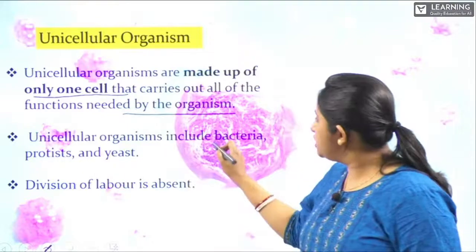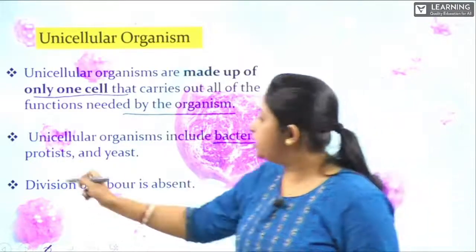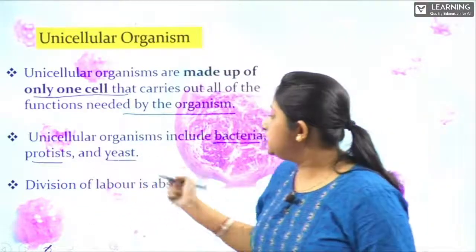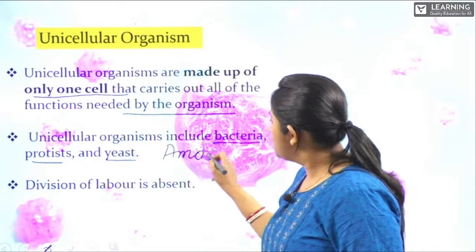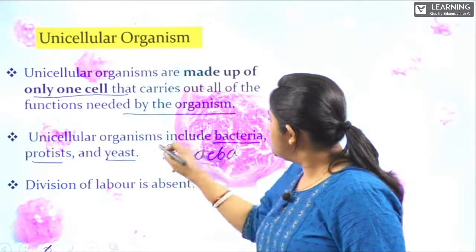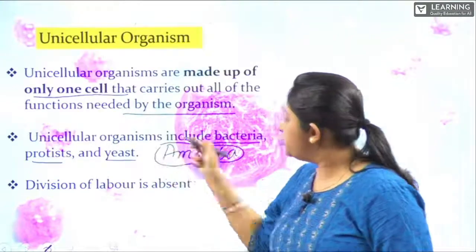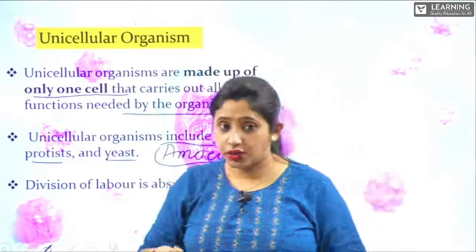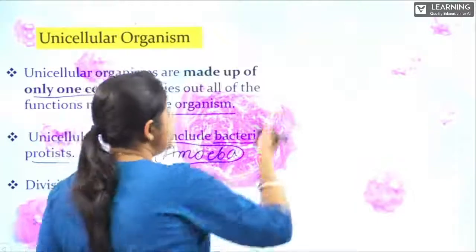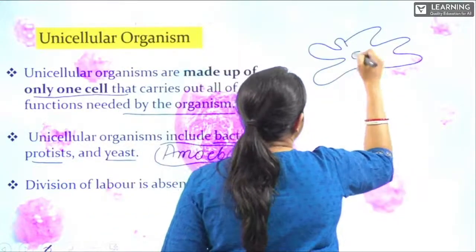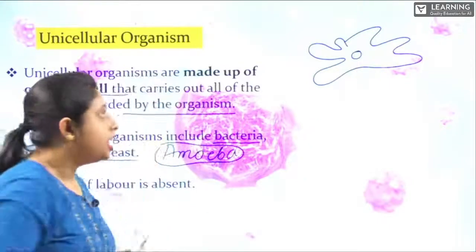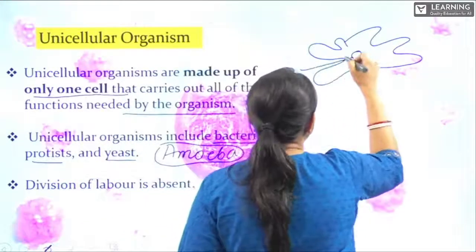Unicellular organisms include bacteria, protists and yeast, and also amoeba. You have been studying the amoeba from the lower classes, right? It looks something like this, amoeba, and it has a nucleus, isn't it?